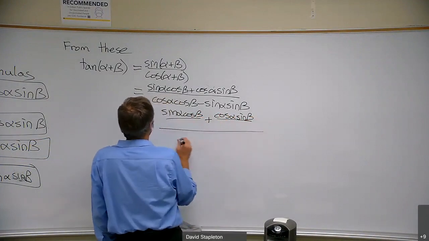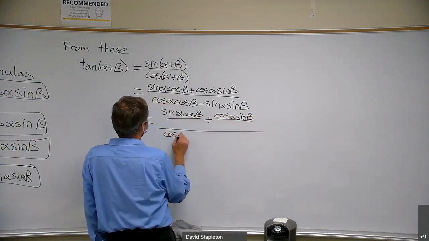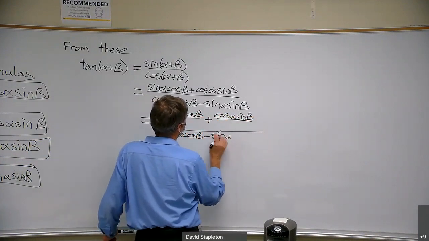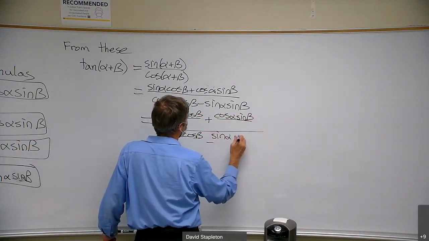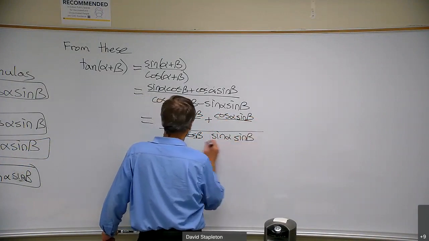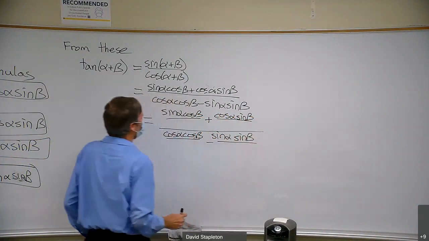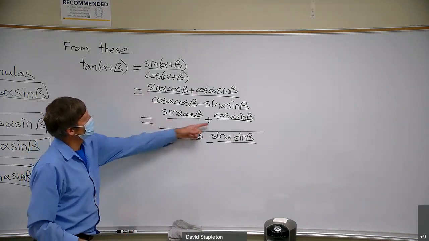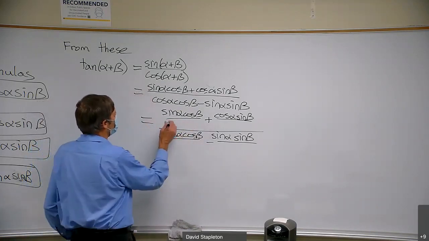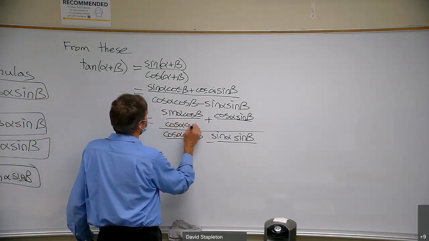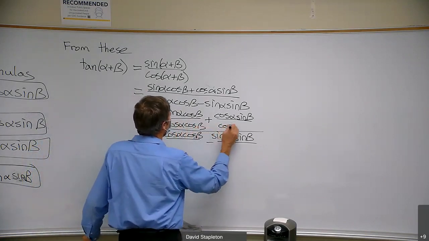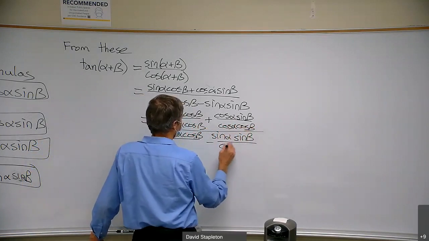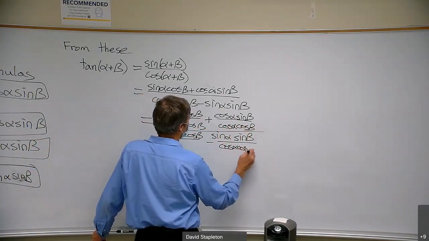Top over the same bottom as I have cosine, cosine minus sine, sine. And so this is the same thing, but now I'm going to divide the numerator and the denominator by cosine times cosine. Cosine alpha, cosine beta. All the way across, right? It'll be the same quotient because I divided numerator and denominator by the same thing. They cancel.